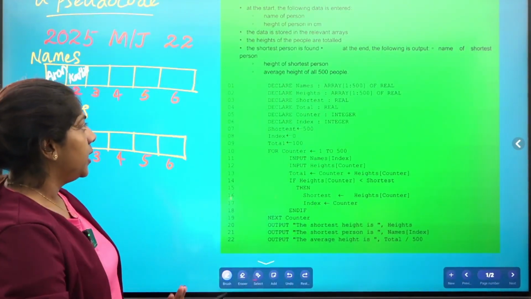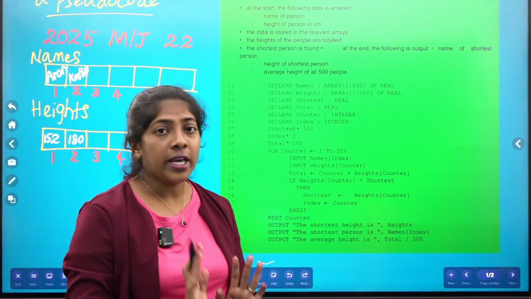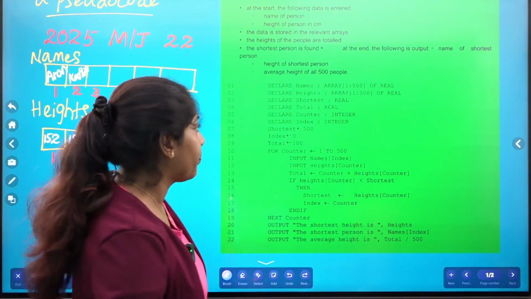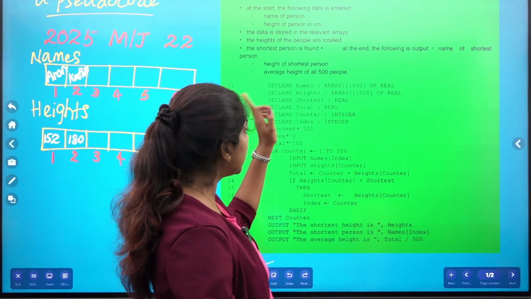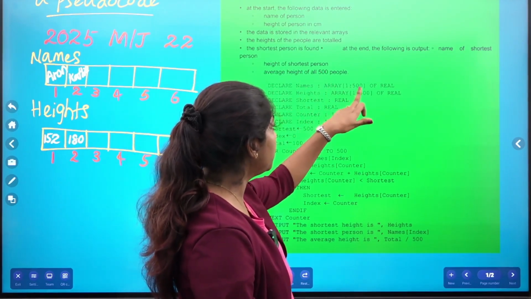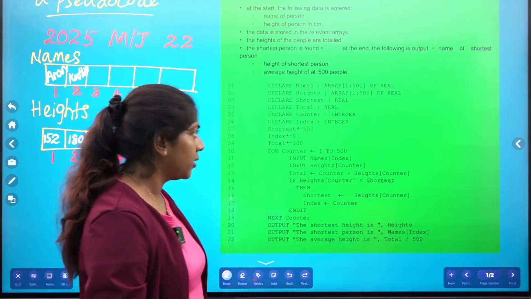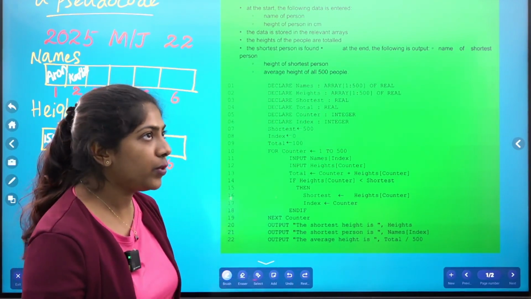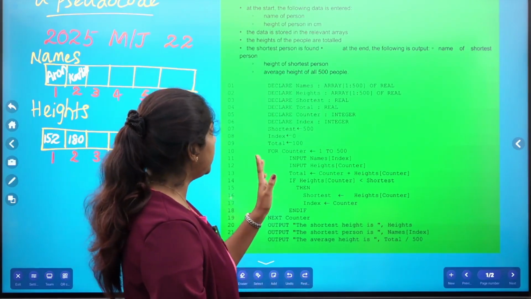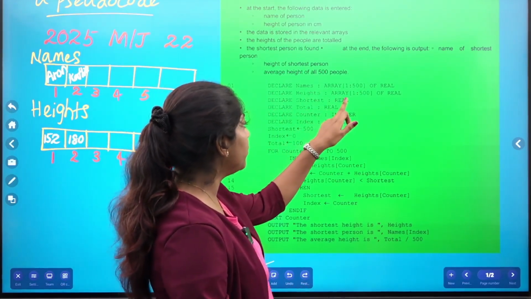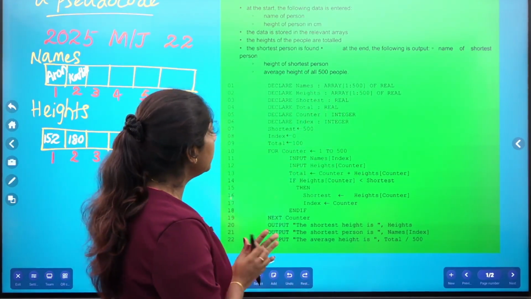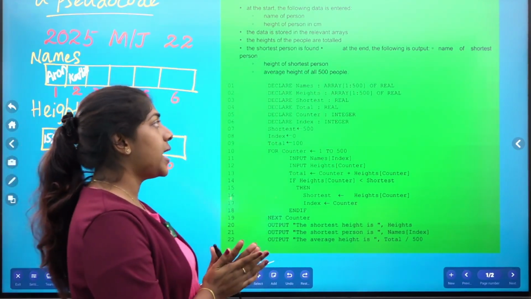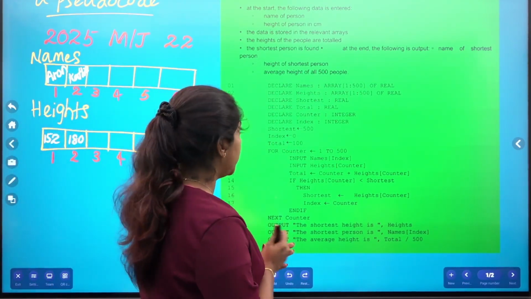Okay, let's go line by line in this array. First one, declare names array 1 to 500 of real. I will first read the algorithm and then let's see what the errors are. Declare names array 1 to 500 of real. Then declare heights array 1 to 500 of real.